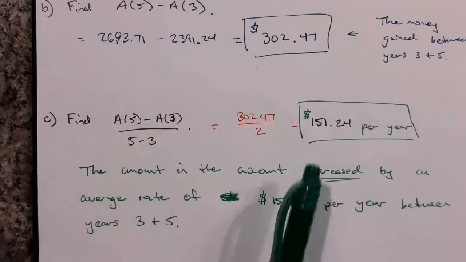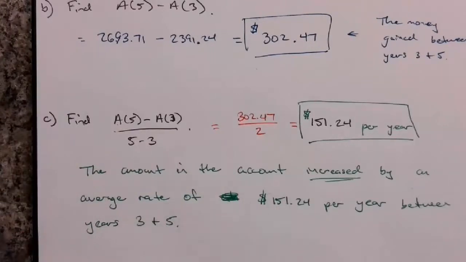So the amount in the account increased by an average rate of $151.24 per year between the years 3 and 5.